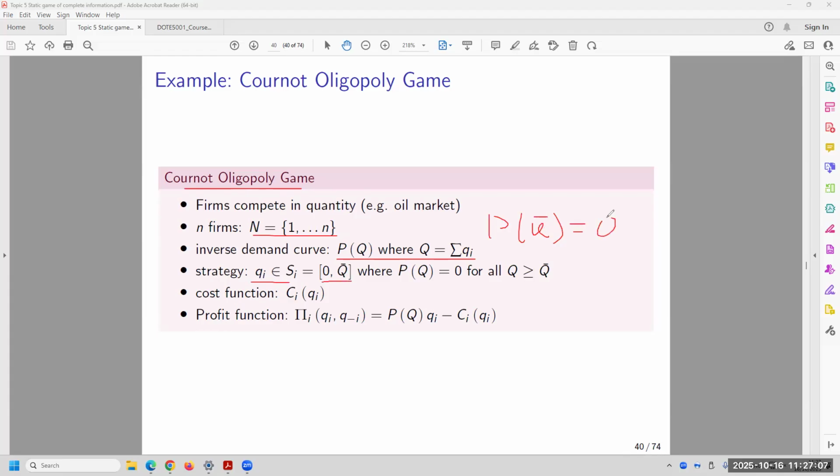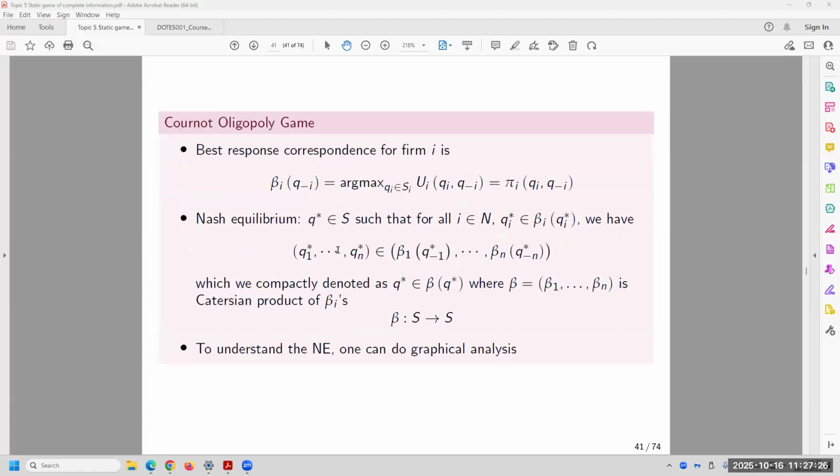So it's the maximum people want to pay. For everything bigger than Q bar, the price is 0. In particular, it is 0 at Q bar as well because it's downward sloping. The cost function is given, and this is the profit function. There's nothing new here.